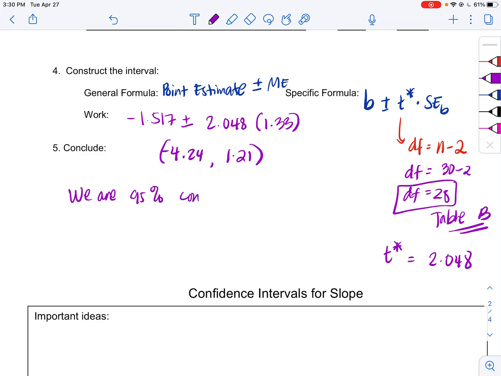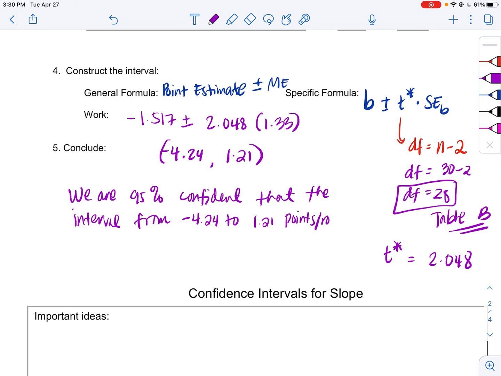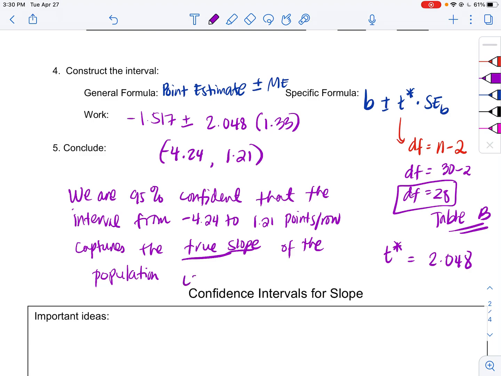We are 95% confident that the interval from negative 4.24 to 1.21, what's that, points per row, captures the true slope, not the true proportion, not the true mean, the true slope of the population LSRL for row, which is the X value, and score, which is the Y value.